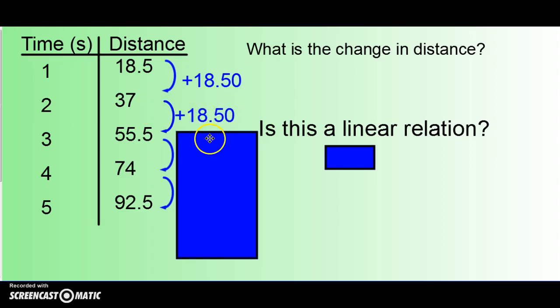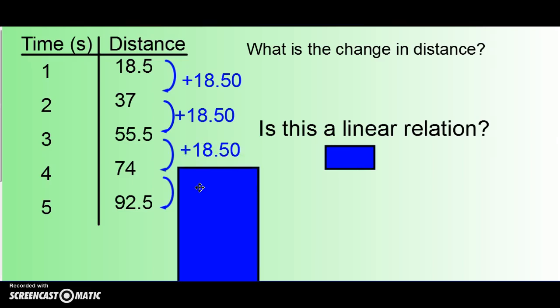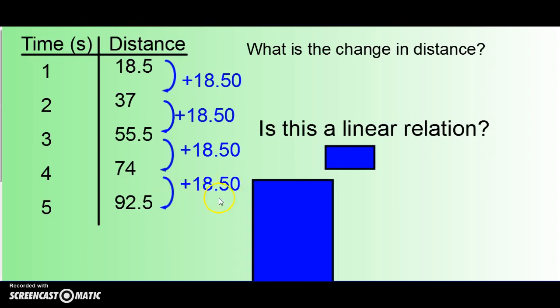Sometimes that can happen though, so check all of them. 74 minus 55.5 is 18.5. And then I did the last one for you. Because they are all the same, we know that on a coordinate graph, they would all fall in a straight line. And so you would say, yes, this is linear.